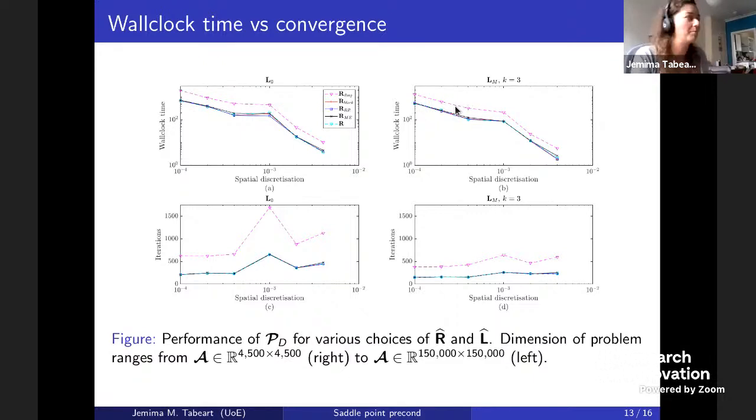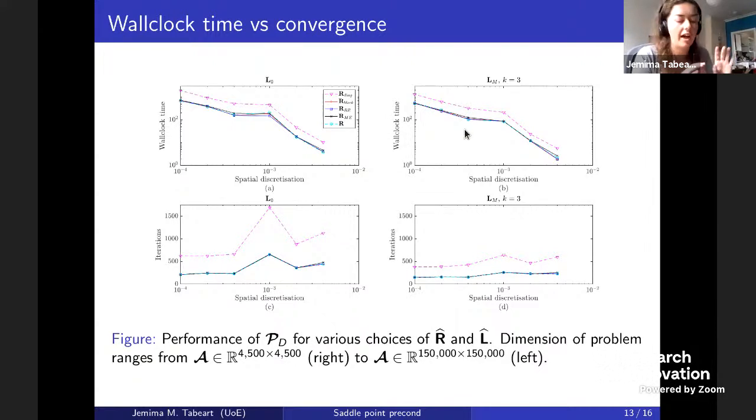Using just the diagonal information is quite bad, both in terms of iterations and wall clock time, even though it's cheap to apply. And we also see that we basically can't see the red line because it's hiding under the cyan line. And that's really good because our quite rough and ready approach is retaining the same number of iterations as using the exact choice of R and is competitive in terms of time as well.